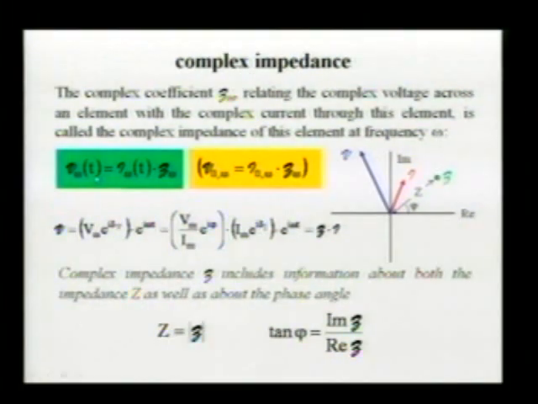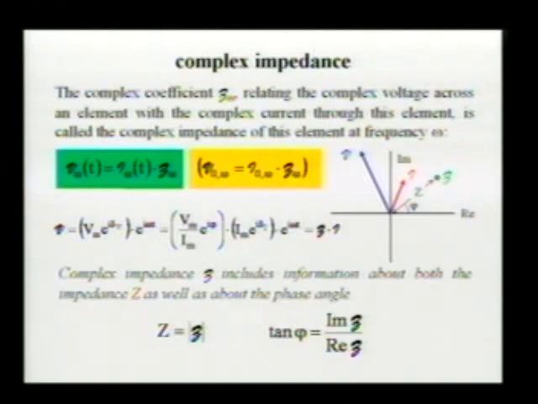All right. That complex voltage is proportional to complex current at any instant. Look, that expression resembles Ohm's law. So whatever relationship we derive for resistors is valid over here.